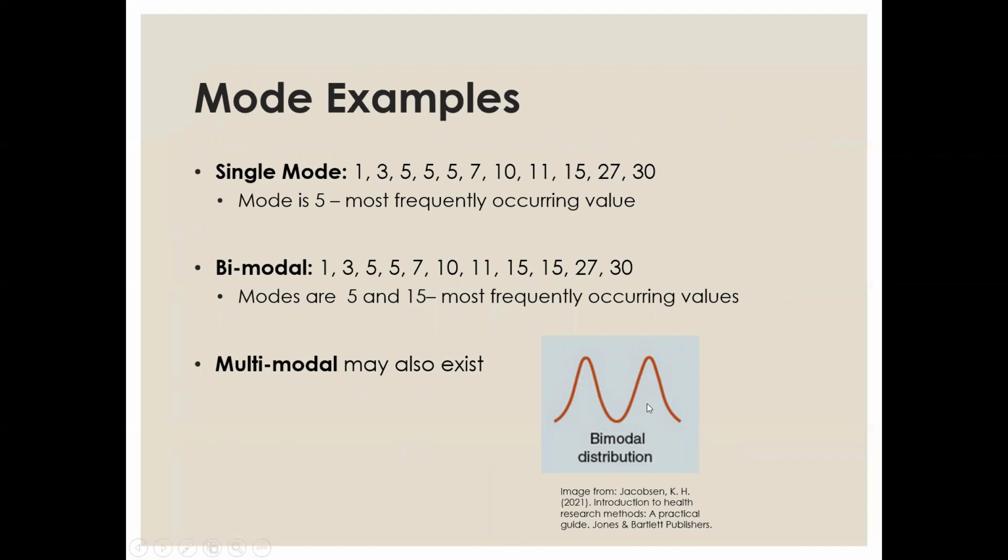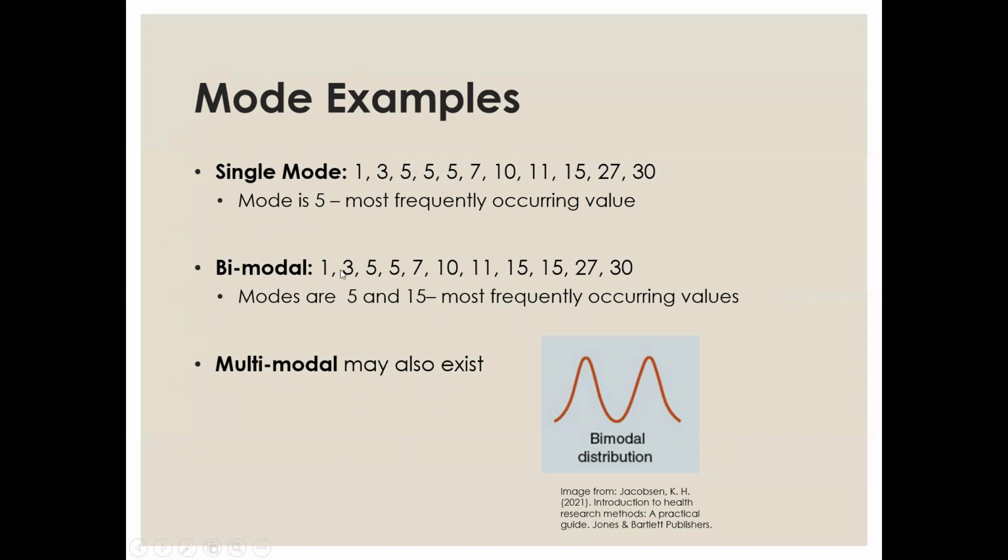You see the picture, right? If you look at just half, it could be the one mode. Here, for some reason, the data are bimodal. So here in the first case, with a single mode, you scan the numbers. It's small enough that you can see 5 repeats. We have 5 repeating 3 times. Therefore, this is a single mode, and the modal number is 5.